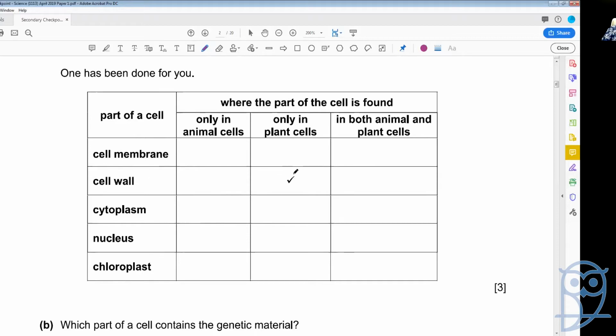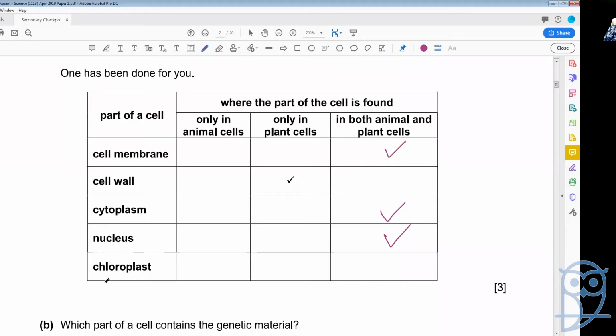That is found only in plant cells. A cell membrane is found in both animal and plant cells. Cytoplasm is the fluid that is inside the cell, and that we find in both of the cells. The nucleus is the center part of the cell where all of the DNA is kept, so that we find in both kinds of cells.